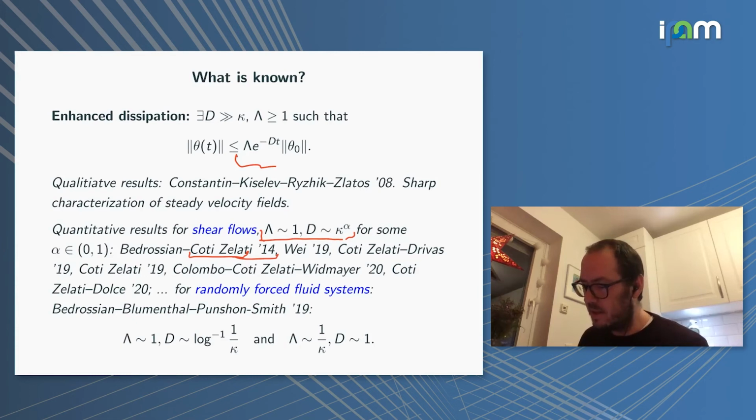The first result is that they have uniform exponential decay rates, so d is order 1, but then there's a prefactor of the order 1 over kappa. And they also conclude that one could derive another bound which has a prefactor of order 1, so independent of kappa, and d is increasing logarithmically, with order log of 1 over kappa.